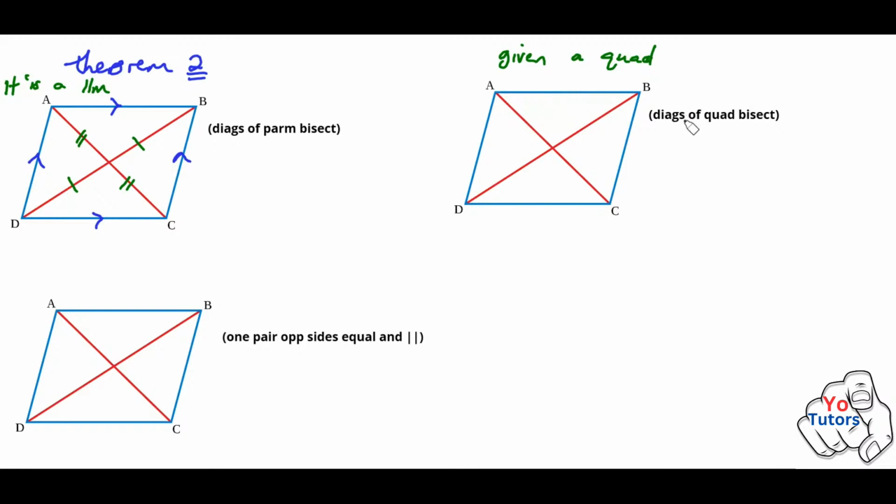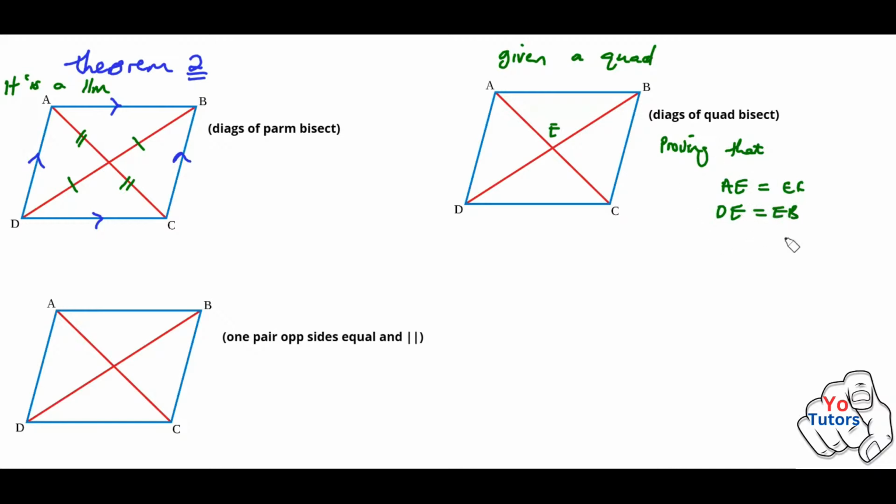So what you'll be proving here, let's call this E, is that AE will be equal to EC, and DE will be equal to EB, like that.